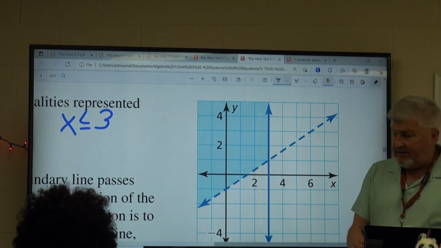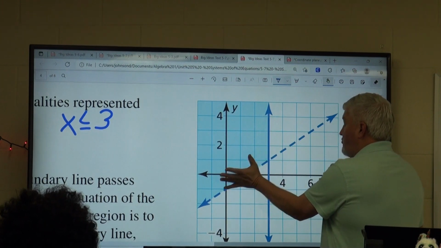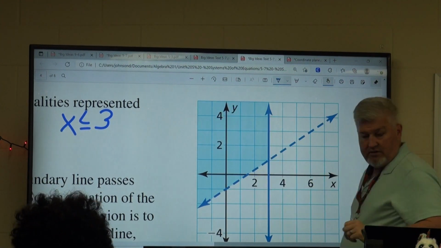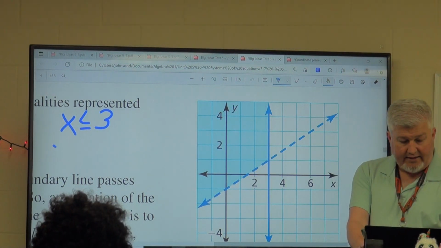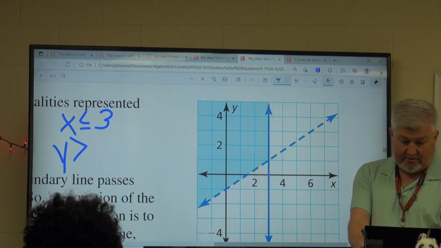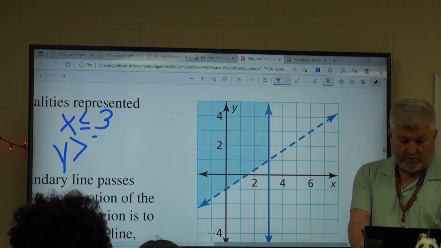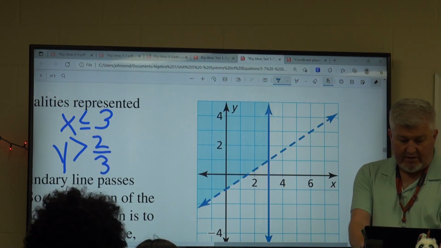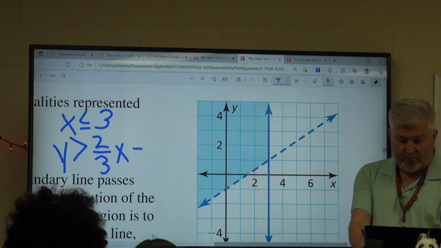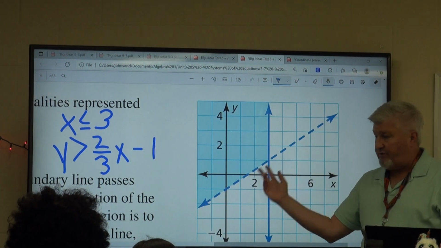And it's everything above it, so it's dashed, so it's greater than. So it's y is greater than 2/3 x, and the y-intercept was -1. Okay, so there are my two equations representing this solution.